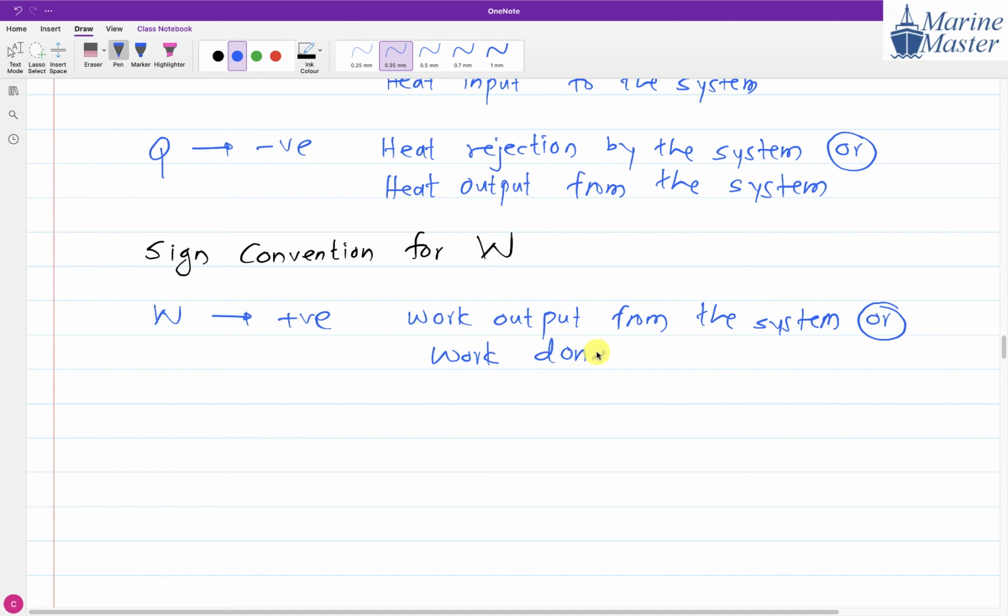And when do we get work done by the system? Whenever there is an expansion, see the wordings. Whenever there is an expansion, in that case we will get positive work output.